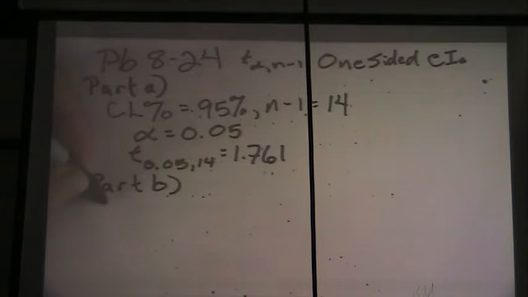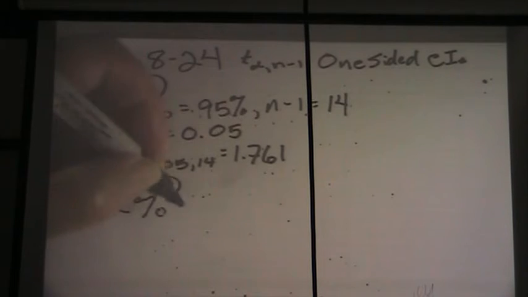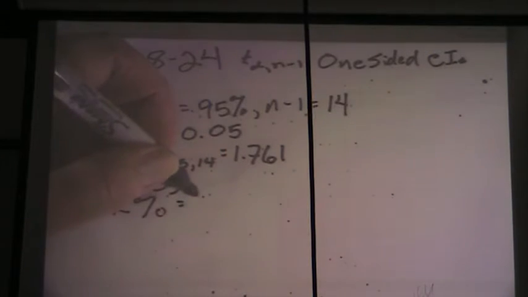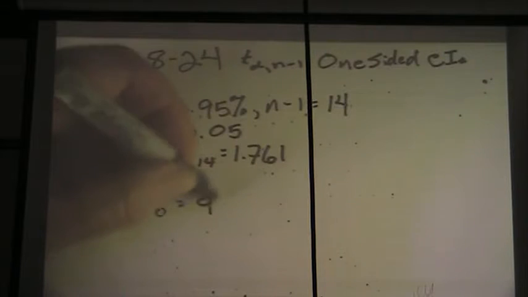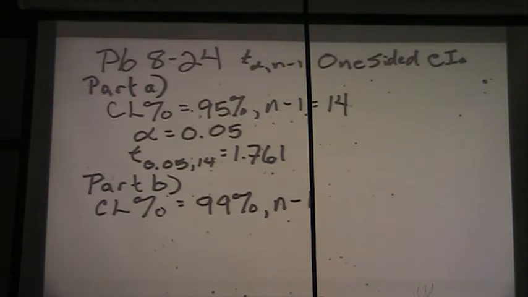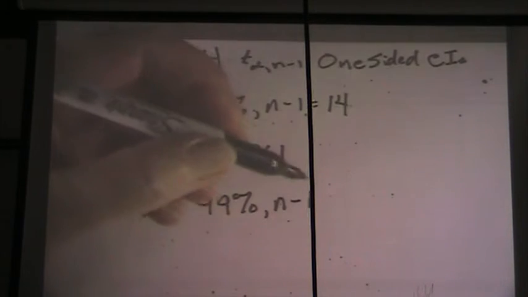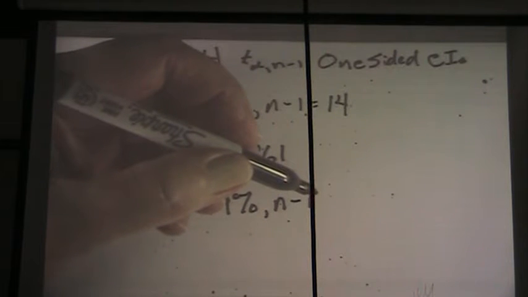All right, so part B, our confidence level percentage equals 99%. Our n minus 1 is 19.